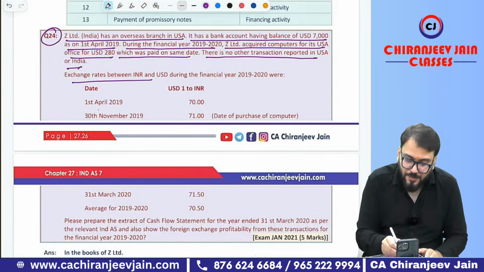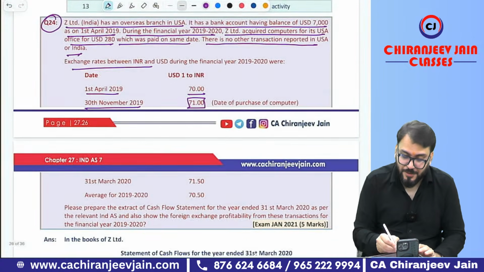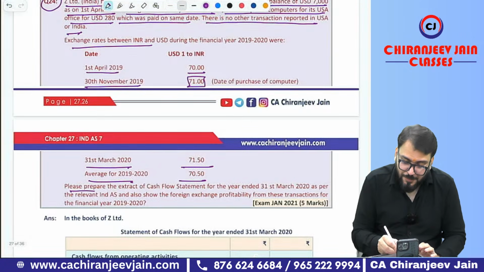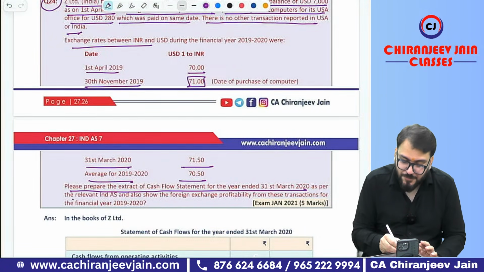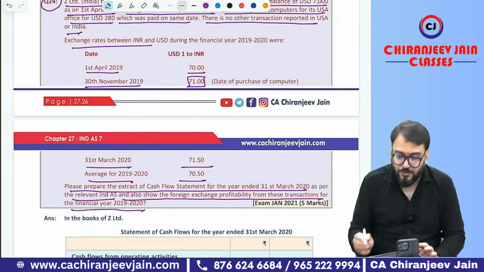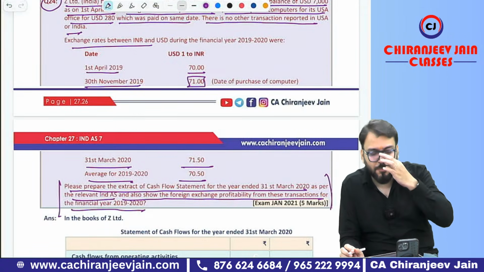Exchange rate is given: 1st April 2019 70, on 30th November, the date of purchase of computer, 71, closing 71.5, average 70.5. Prepare extract of cash flow statement for the year ended 31st March as per Ind AS 7 and also foreign exchange profit or loss for this transaction for the year 2019-20. They ask you to calculate exchange gain or loss and prepare the extract of cash flow statement.